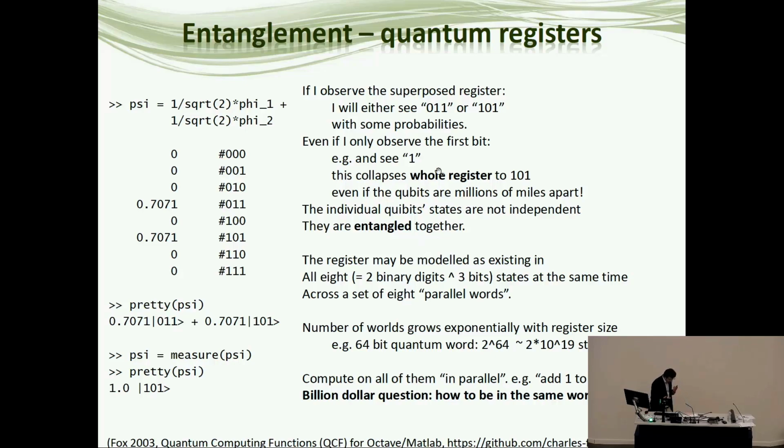Let's think about how much information we can fit into these registers now. So we know from classical data representation that if we have a 3-bit register, we have 2 to the power of 3 possible states, right? There are 8 states that can be, and it can represent each of these binary numbers. Potentially on a quantum device, I can create a superposition where every one of those states has some amplitude.